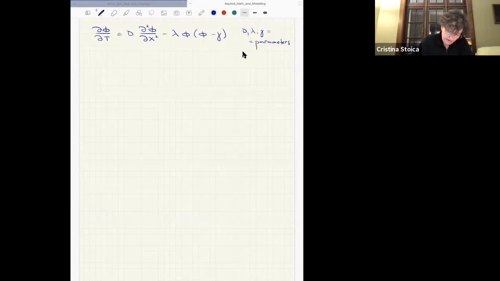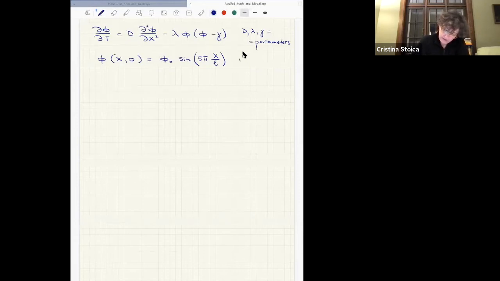We have phi at x, at time 0, that's an initial condition, equals some initial condition, let's say phi naught, why not, times sine of 5 pi x over L. I have a comment about this and I'll do it in a second.